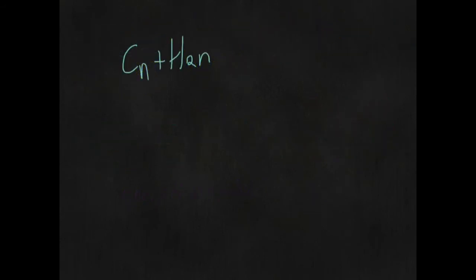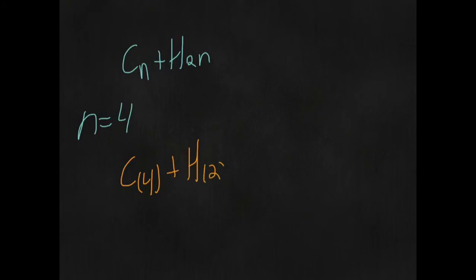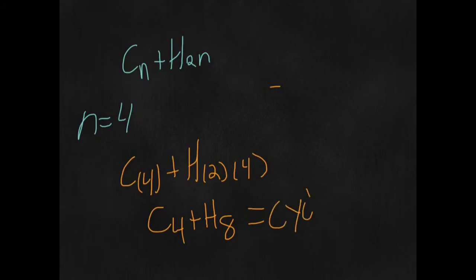So if we had, let's say, n equals 4, we fill in the blanks: C4 H, 2 times 4, so C4 H, 4 times 2 is 8, and so there we go. And we know that is going to equal cyclobutane.